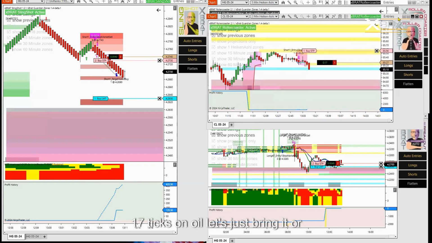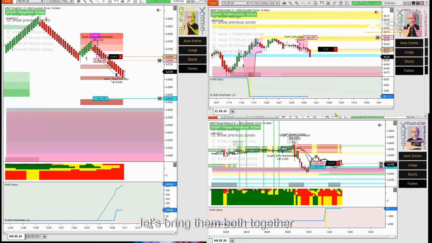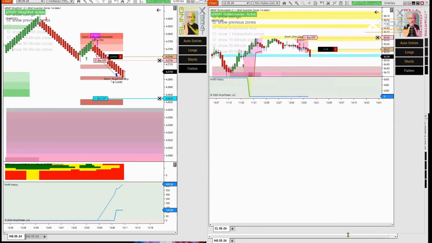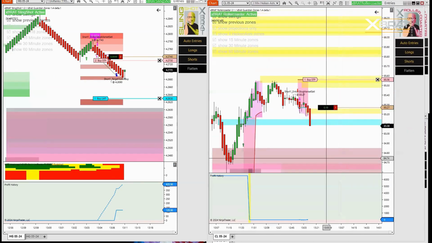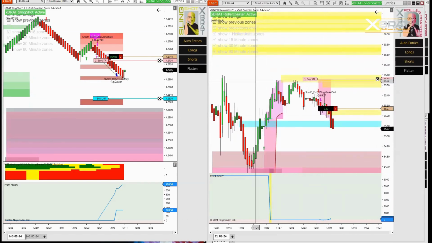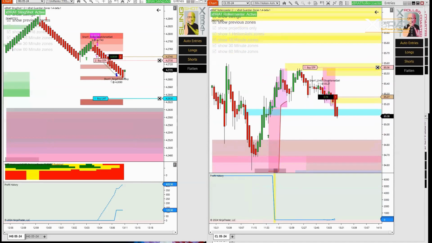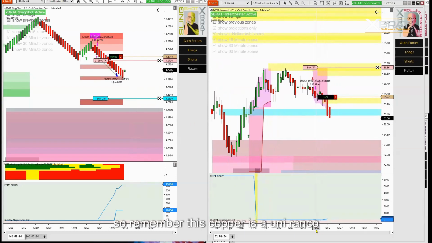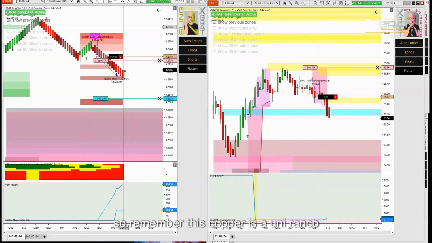17 ticks on oil. Let's bring them both together. 21 ticks. There she goes. She's blowing through there now. So remember, this copper is a Unirenco 135.